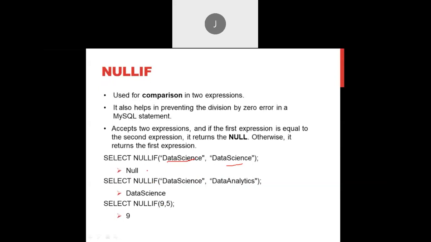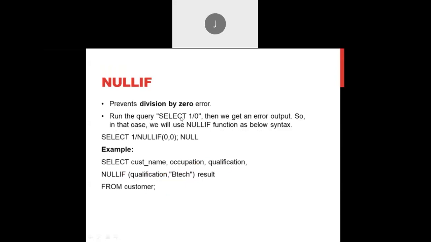Both are the same, so it will give null as the output. If they are not the same, then the first expression is given as the output. Okay, guys, NULLIF 9 comma 5: both are not the same, so the first expression is going to be your output. It is also used to prevent the divide by zero error.